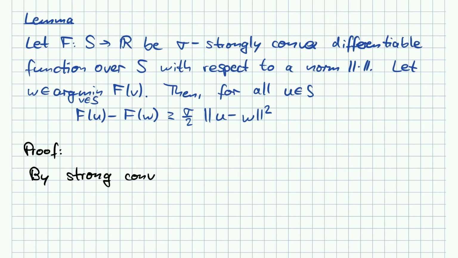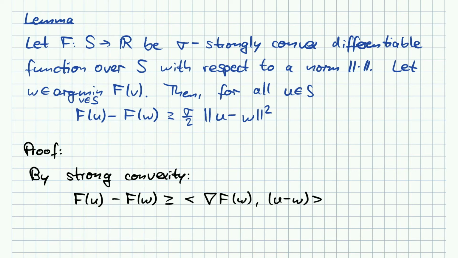By strong convexity, we have that f of u minus f of w will be at least the gradient of f at w times u minus w plus sigma over 2 times the norm of u minus w squared.